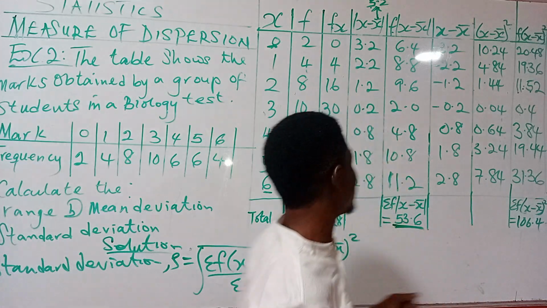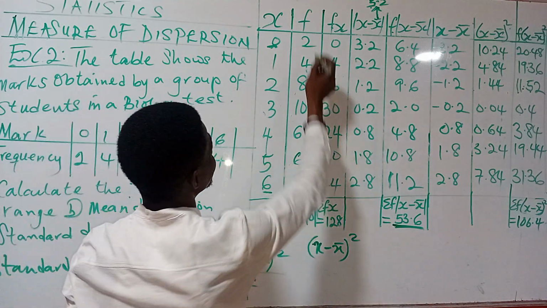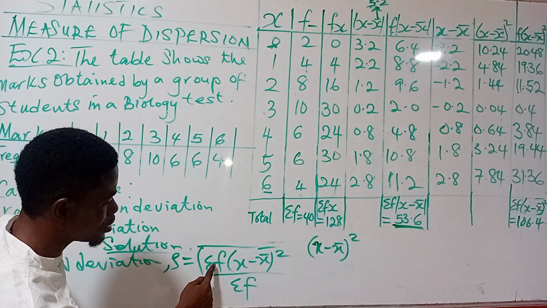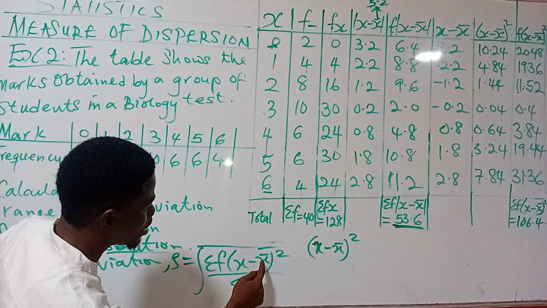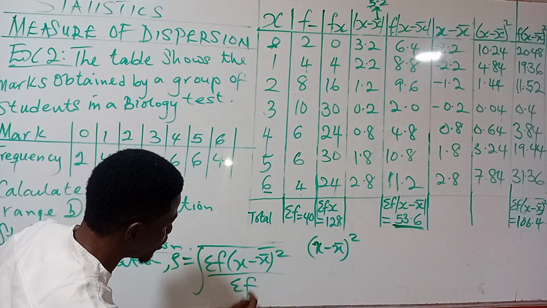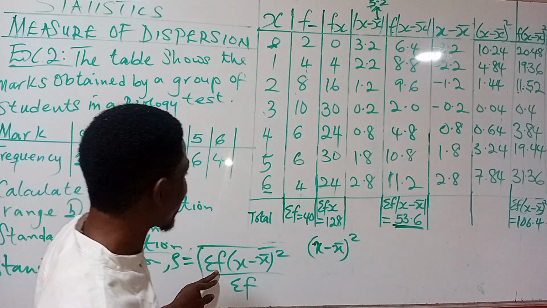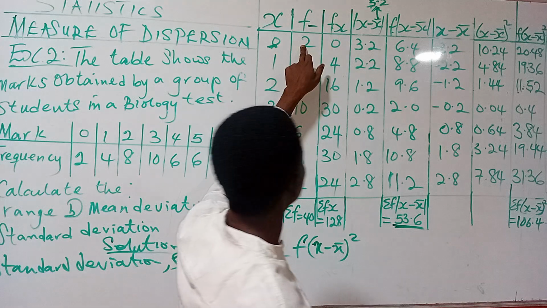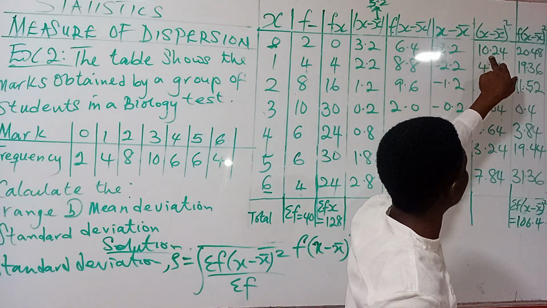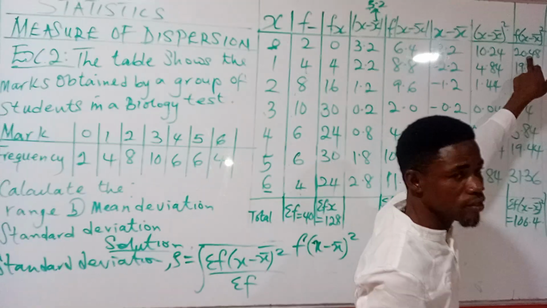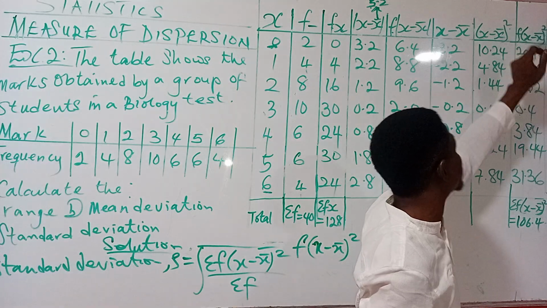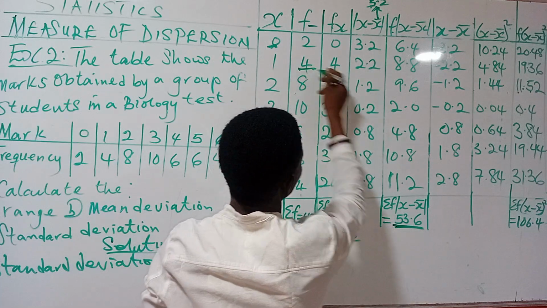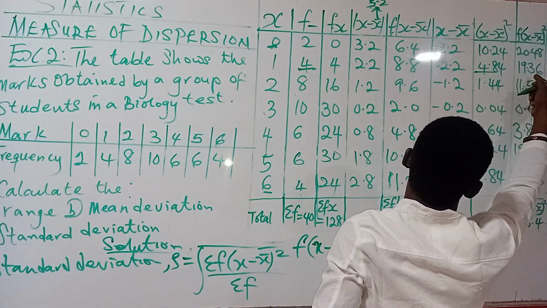So the next thing is for you to multiply by the frequency, because the formula consists of f bracket x minus x bar raised to power 2 divided by summation of f. So you multiply f to this one, and when you multiply f, we have 2 times 10.24, we have 20.48. Then 4 multiplied by this, we have 19.36.